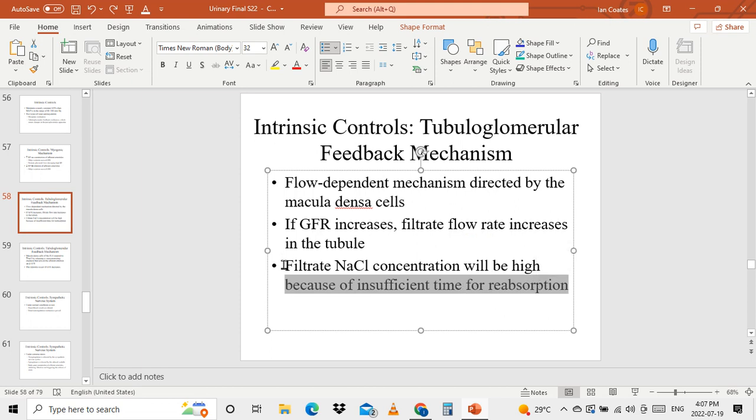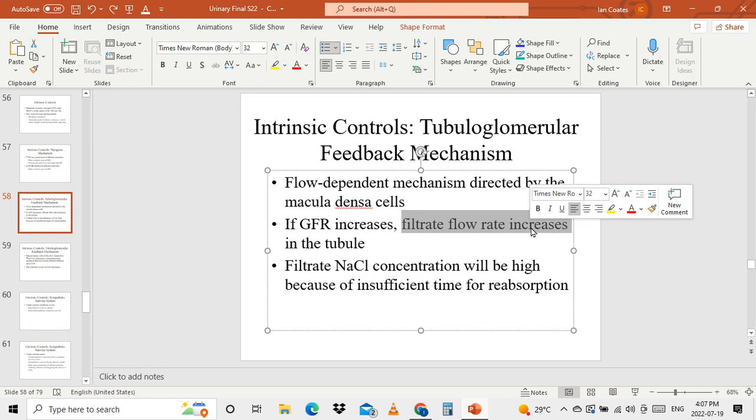This is an interesting point. If the glomerular filtration rate is too high, if we're just filtering and filtering, the flow rate through the tubule system is going to be too fast. These things take time to reabsorb.